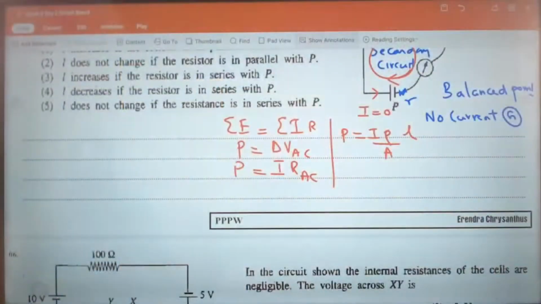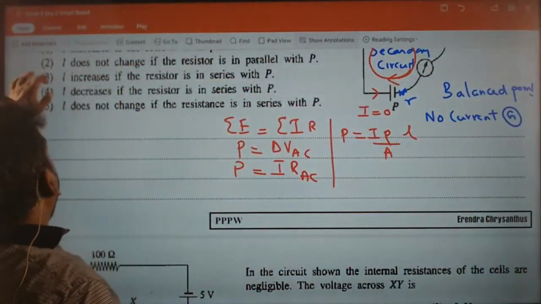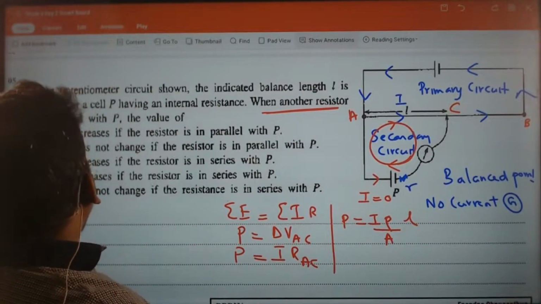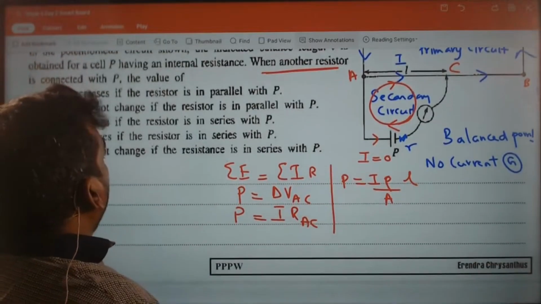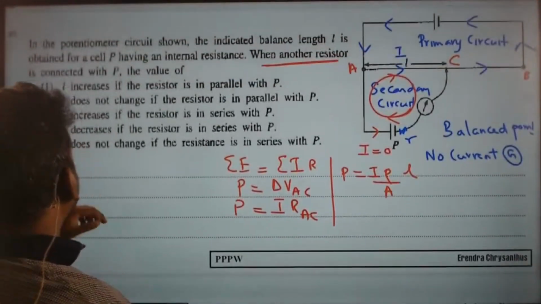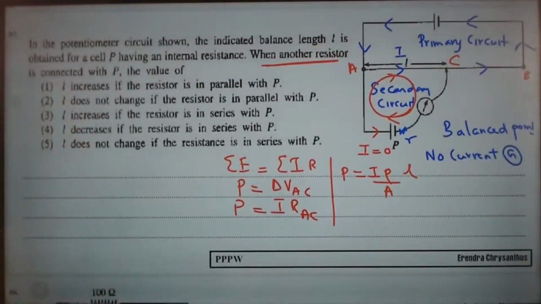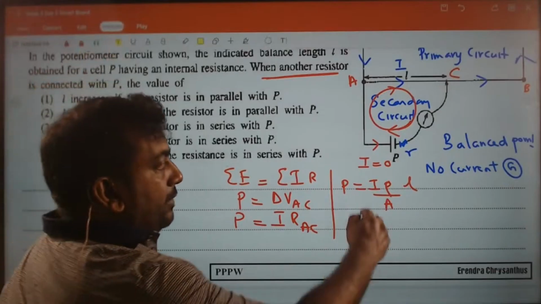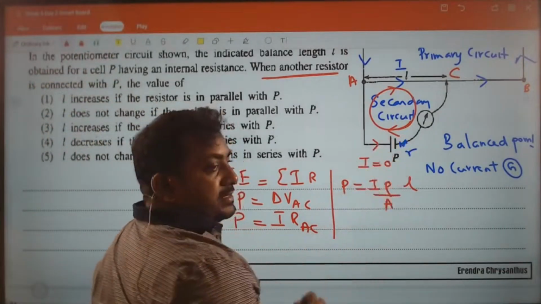What they are asking you here is to connect another resistor with P. What will happen? They have given different conditions. L increases if the resistor is in parallel. Okay, let's eliminate certain things. What if a resistor is connected in series?